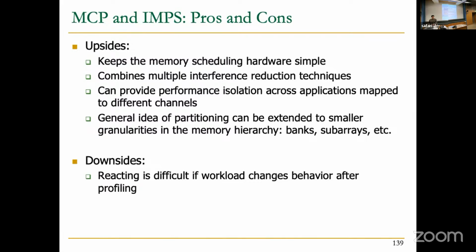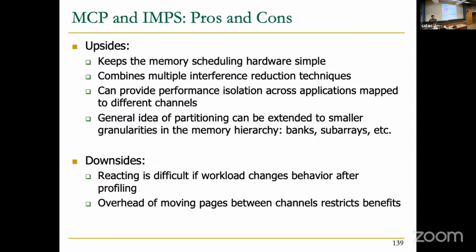Now, the problem is, if your workload changes behavior after you profile it, it's difficult for you to react. So you profile the workload to be, let's say, not interfering with another workload that you have running. And immediately after your profiling step, it started interfering with that application. Now you cannot do much until the next interval comes. And when the next interval comes in, if you decide to move that application to another channel, now you have to move the pages of that application to the other channel.